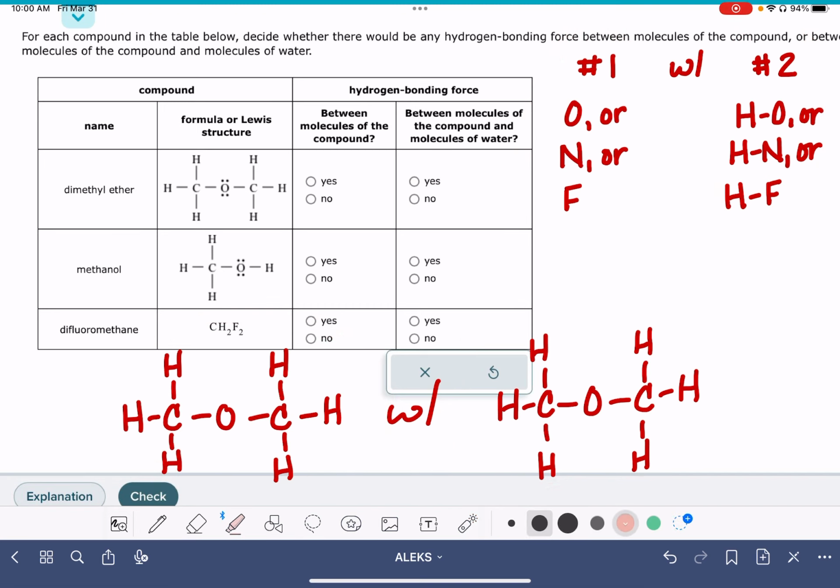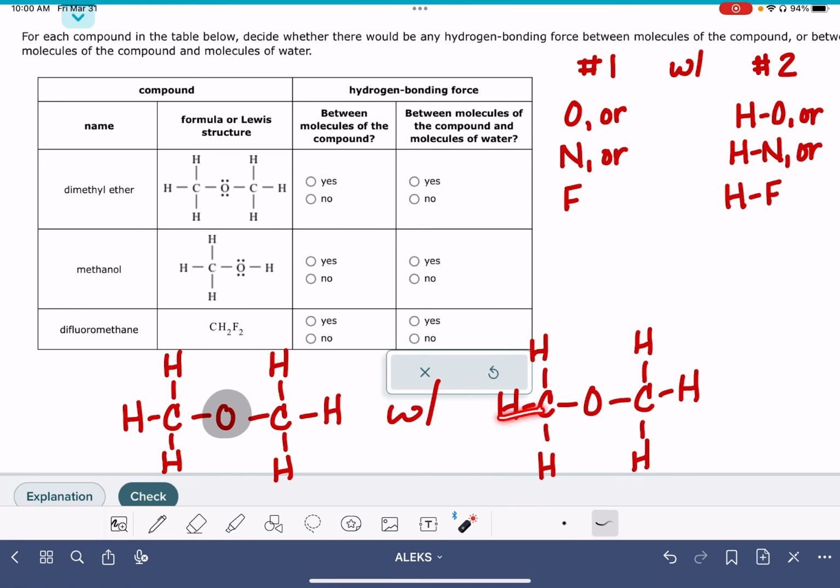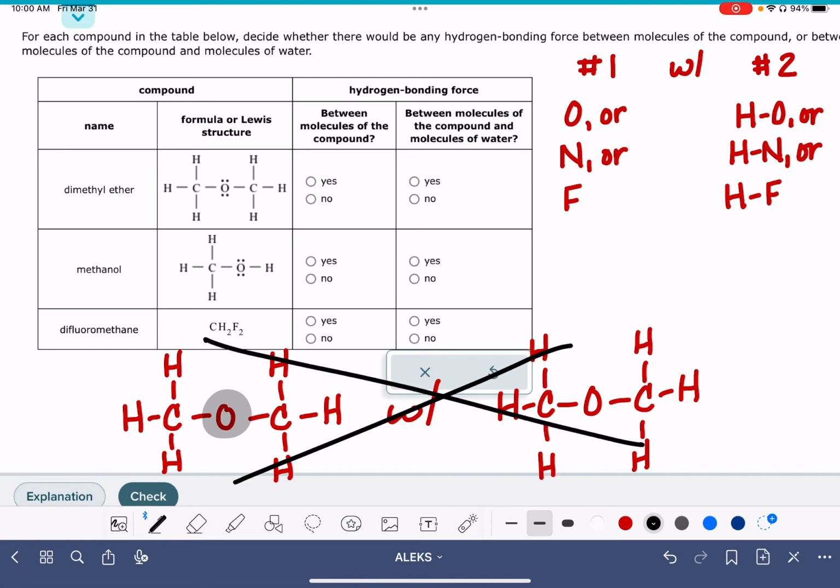This molecule has an oxygen atom, so it is meeting the criteria for being molecule number 1. Does this molecule have an OH, NH, or HF bond? We can see that it has CH bonds, but it doesn't have any one of these. So that means that these two molecules are not capable of hydrogen bonding with each other because it does not meet the criteria for being molecule number 2.